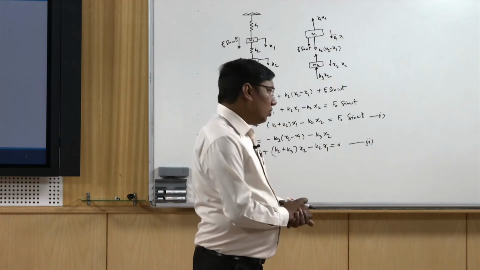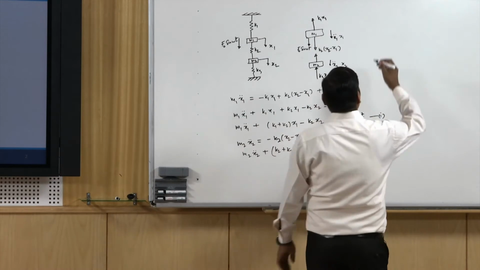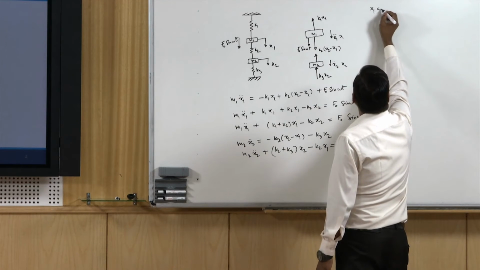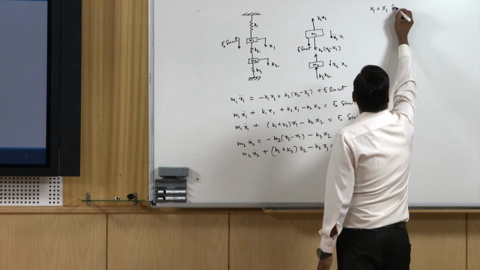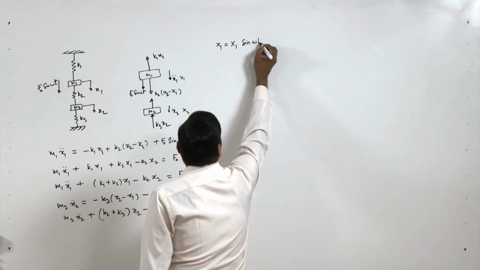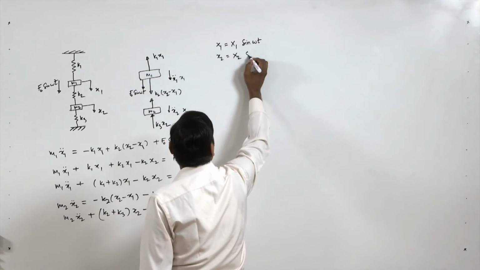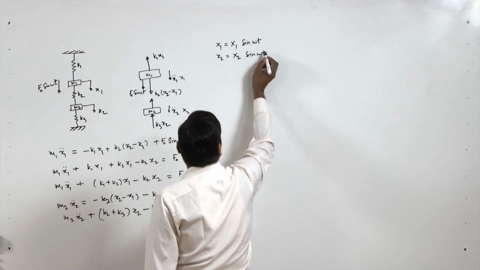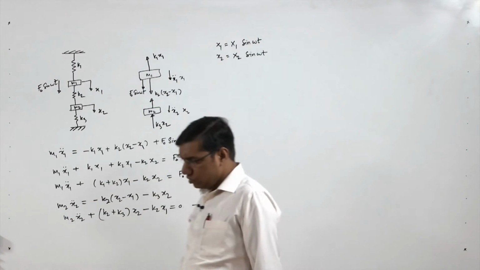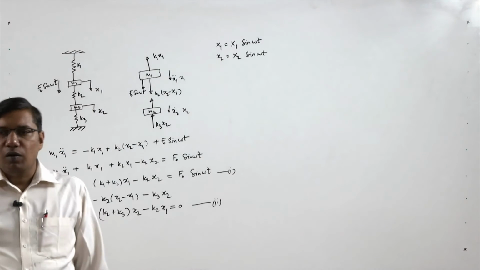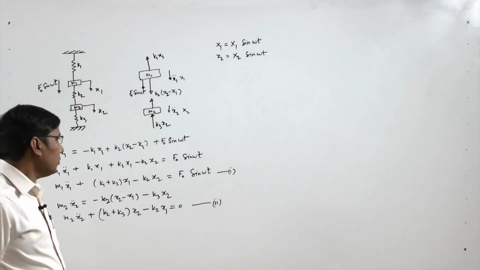So we can assume the solution: x1 equals capital X1 sine omega t and x2 equals capital X2 sine omega t, where capital X1 and capital X2 are the amplitudes of the response.